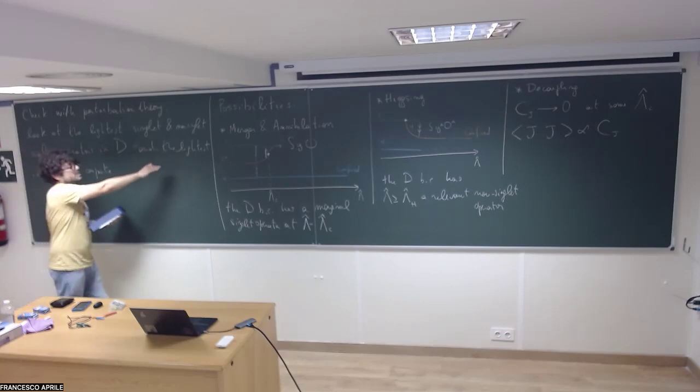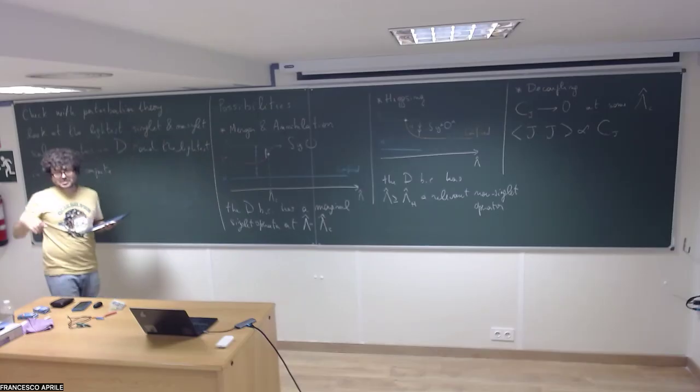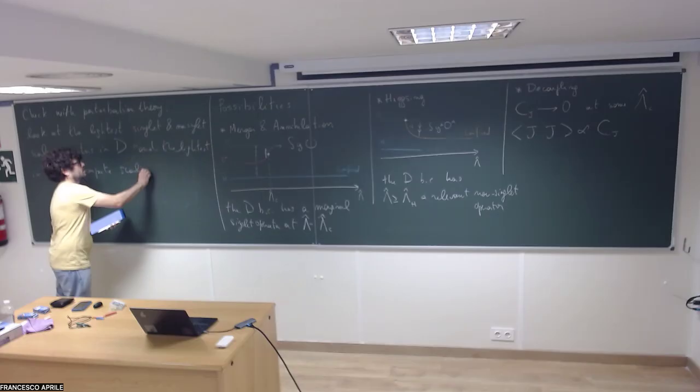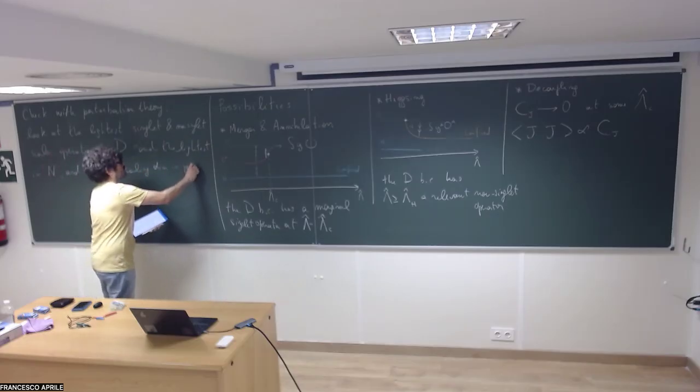Of course, I need to add the non-singlet only in D, because in N everything is a singlet. Compute scaling dimensions in perturbation theory.